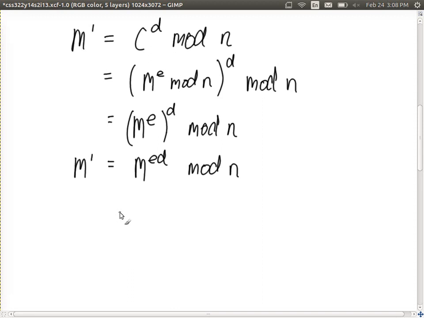Under what conditions? Or the other way to write it, if m is to be equal to m prime, let's remove the prime now, we must have the conditions such that the message is equal to the message to the power of e times d mod n. We must have values, especially of e, d and n, such that this is true.